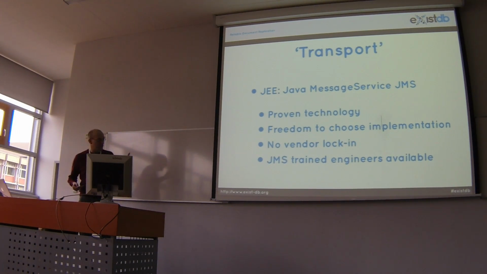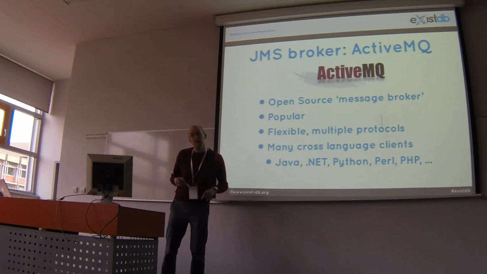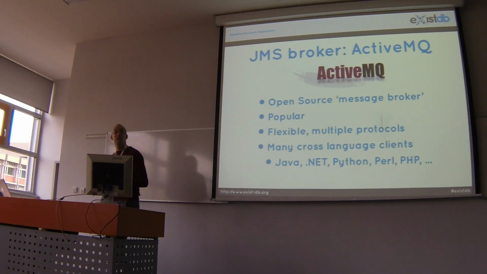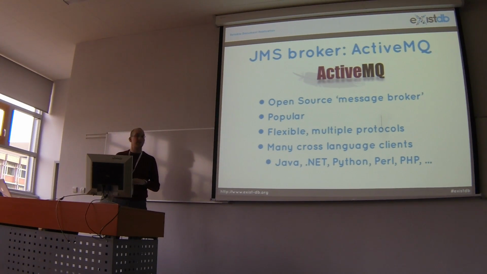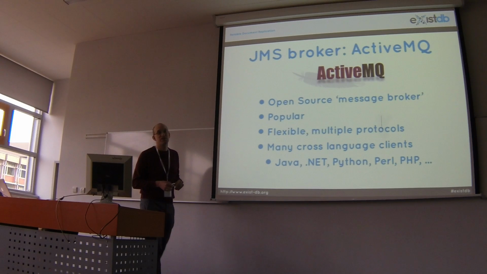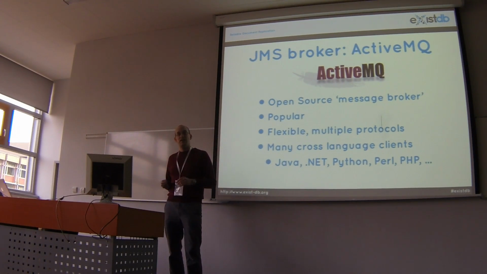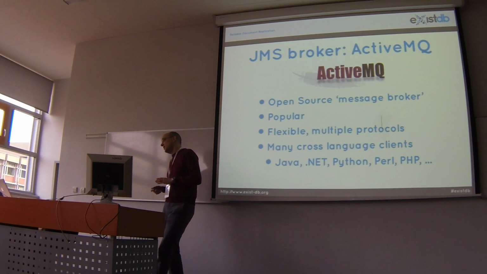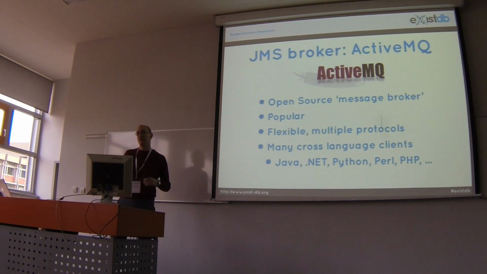In this project I've been working on, I chose the ActiveMQ message broker. That's the man in the middle. It's open source, popular, very flexible, and you could even use other languages, because it has an open protocol under the hood. So basically you could use any .NET or Python or Perl client to put documents into the pipeline and have it distributed.